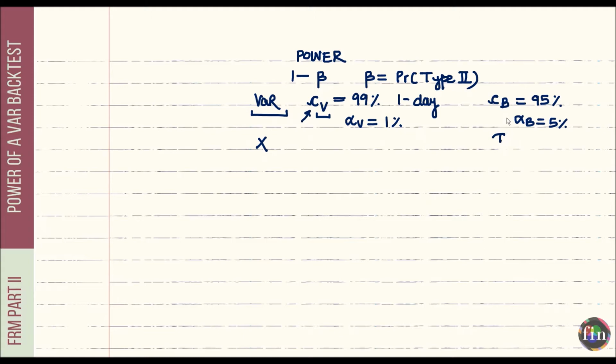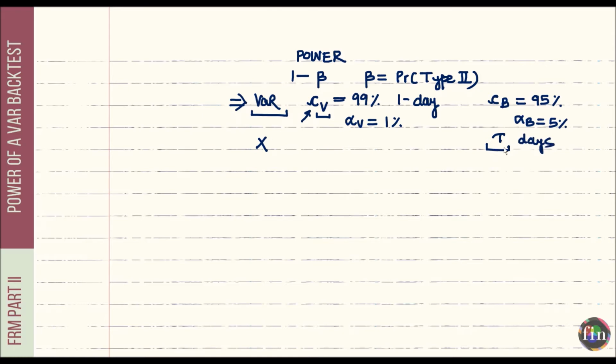Let's assume that I'm conducting this backtest by comparing the estimated VaR of any given day against the actual PNL, over a historical period which I refer to as my backtest window. Let's say it's T days long.